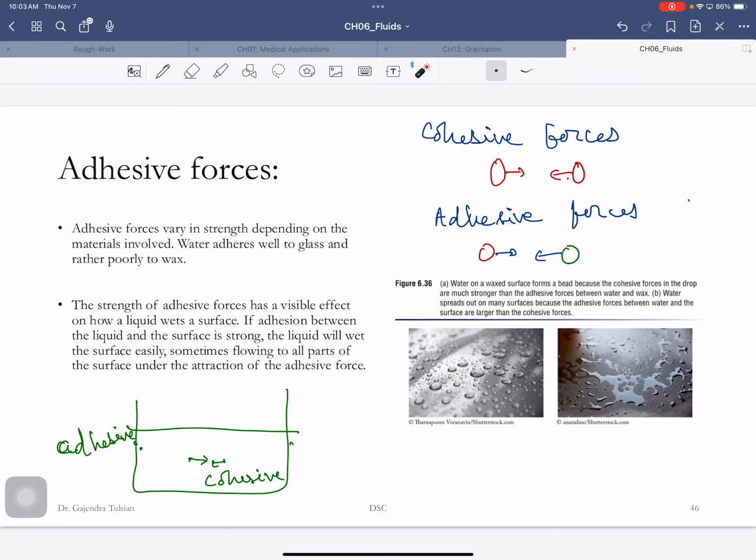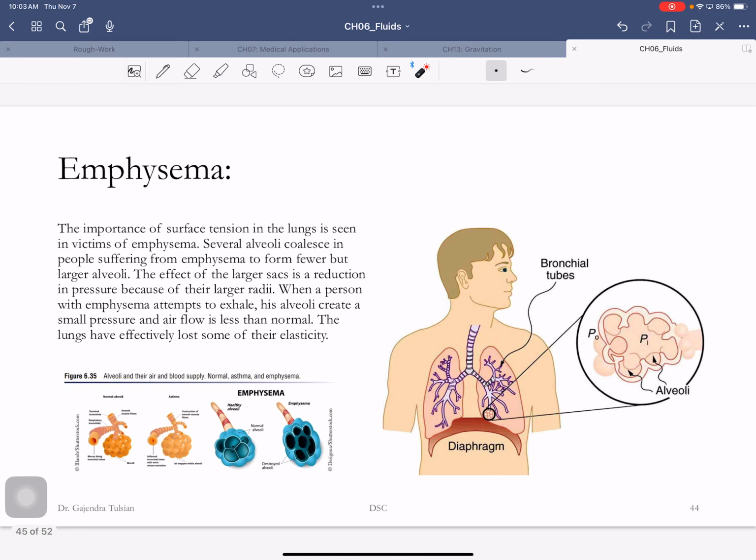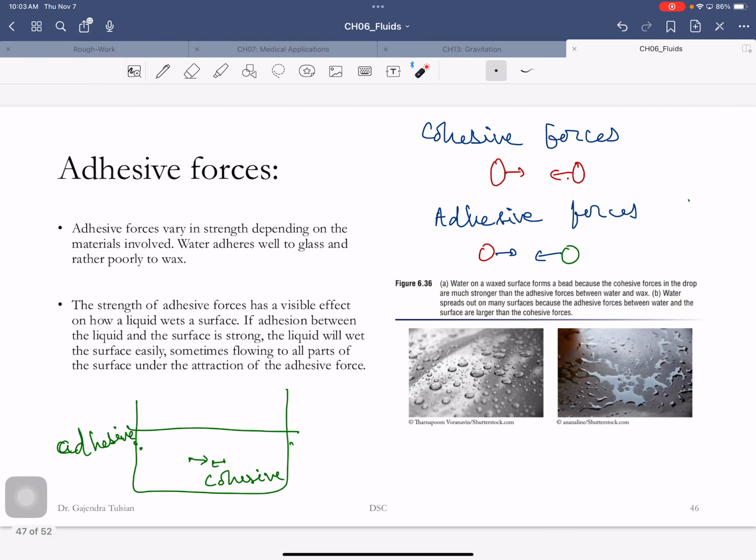Adhesive forces vary in strength depending on the material involved. Water adheres well to glass and rather poorly to wax. The strength of adhesive forces has visible effects on how a liquid wets a surface. So let's say this is water on glass.